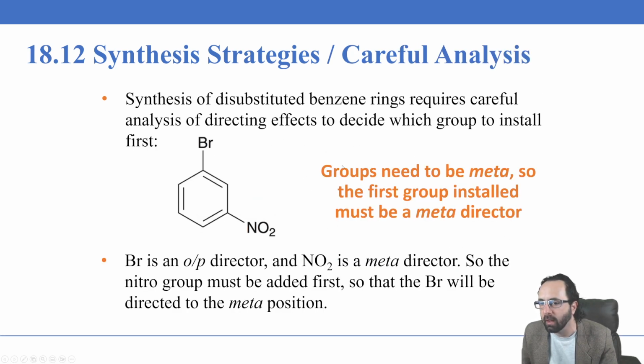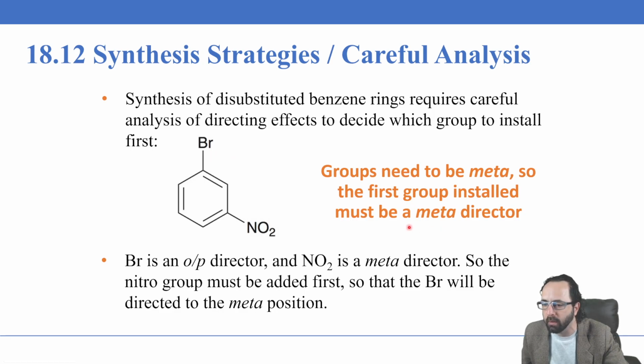So for synthesis of a di-substituted benzene ring, we'll have to consider carefully the activating and deactivating effects of the groups and also their ortho, meta, para directing effects. If we want to install these, for example, here we have a bromine that is meta to a nitro group. If we have a nitro group already installed, we're going to be installing a group in the meta position.